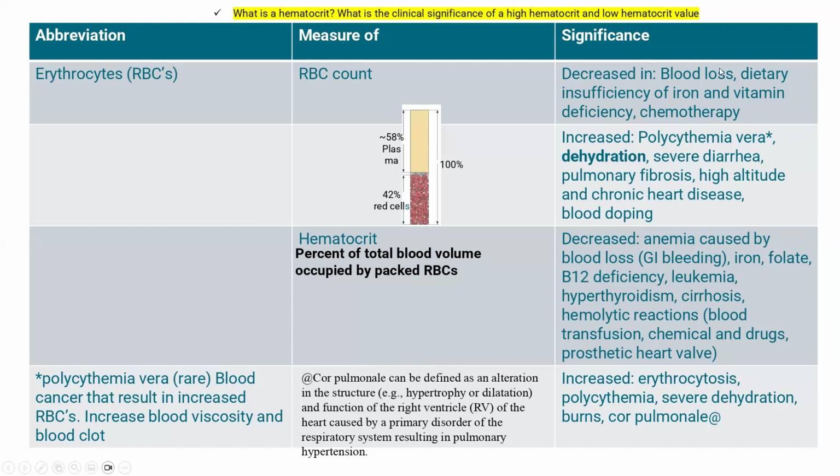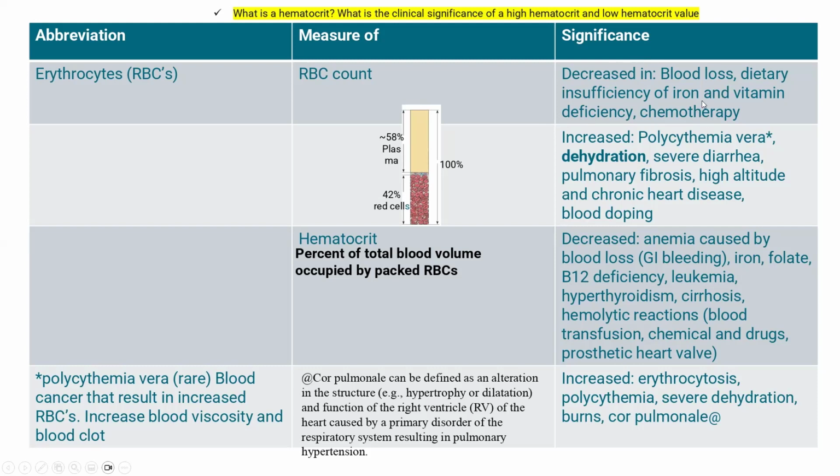A decrease in red blood cell count could be seen in cases of blood loss, dietary insufficiency, somebody who is a strict vegetarian and does not eat meat, liver, and so on for a long time, or has any type of nutritional and vitamin deficiency.